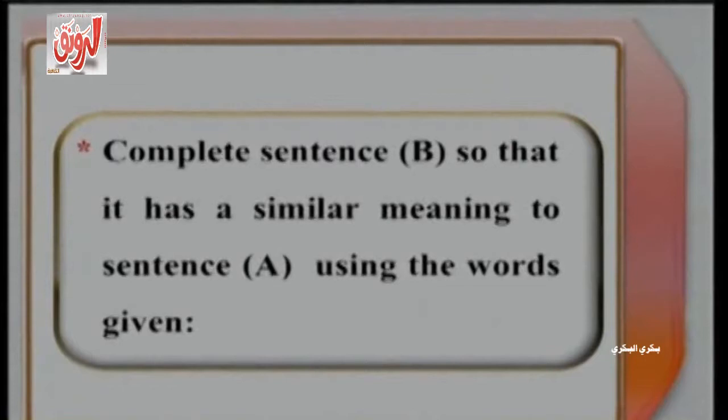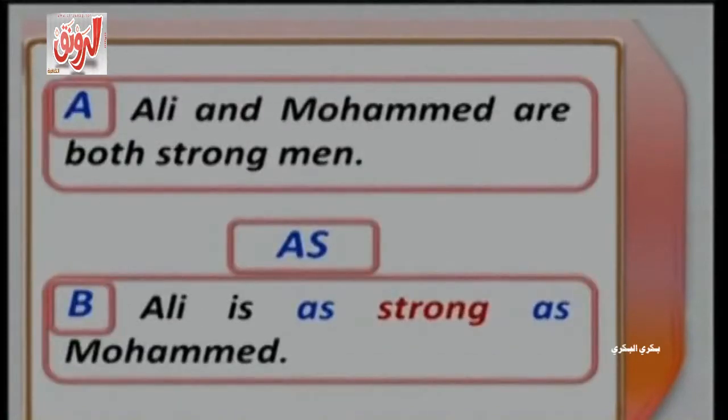Let's move now to AB questions. Complete sentence B so that it has a similar meaning to sentence A, using the words given. This is the address of the question. Number 1.